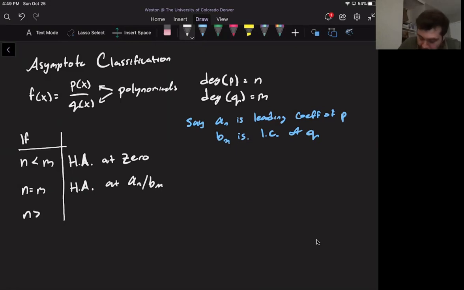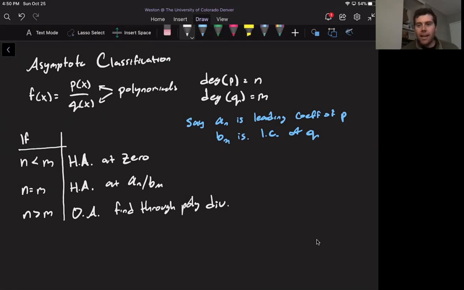And then if n is greater than m, then we get an oblique asymptote, and we find it through polynomial division. We've seen examples of all three of these in previous graphs. For the second one, n equals m, that was the case where they're growing at about the same rate. Our example was x divided by x plus 1.